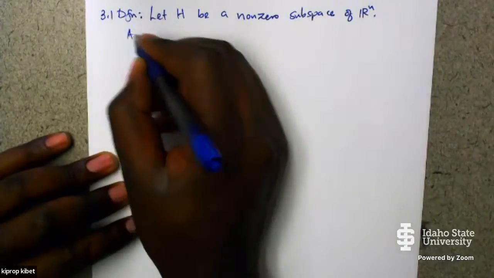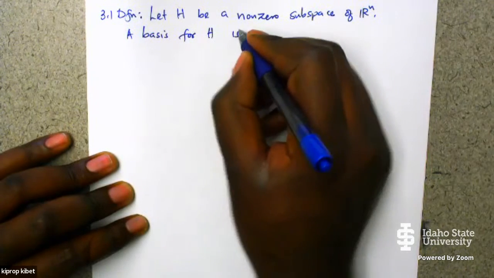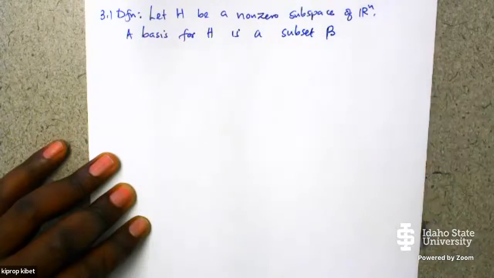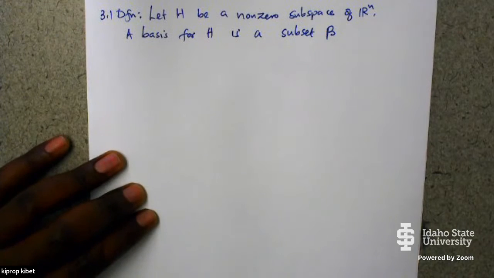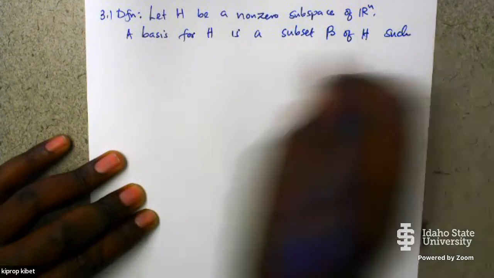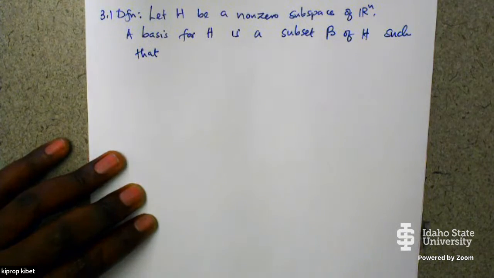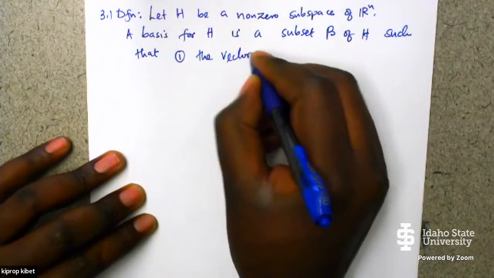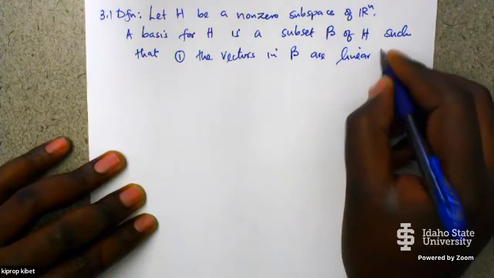Then a basis for H is a subset beta of H such that, number one, the vectors in beta are linearly independent.